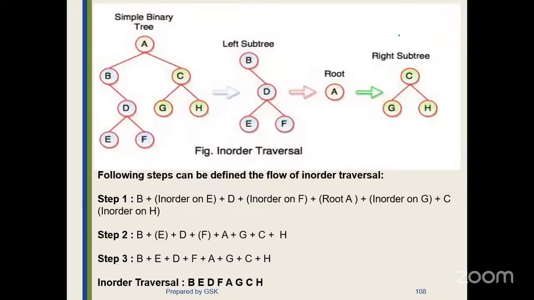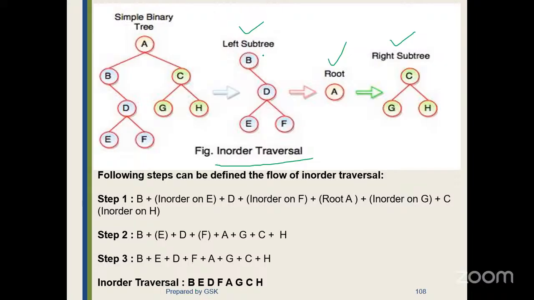See the example again. The same binary tree we are taking. In that, left subtree, root node, right subtree, we are representing first. In-order is left, root, right. This is the algorithm. And coming to the left, same: left, root, right.